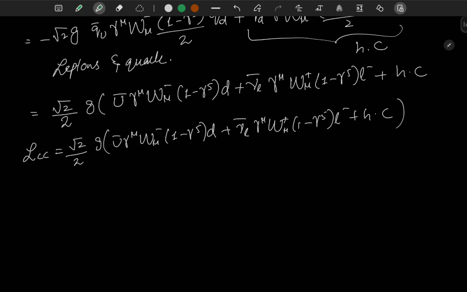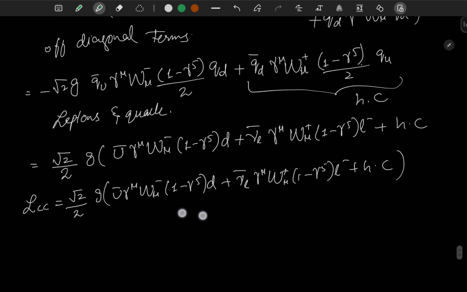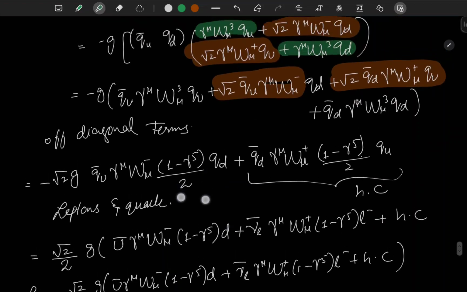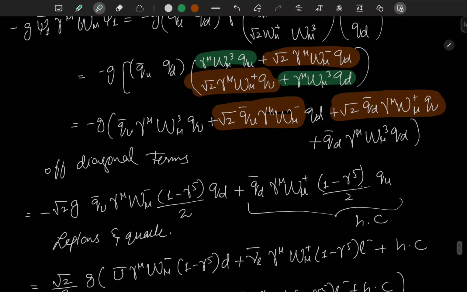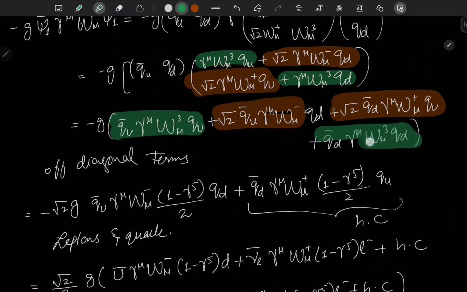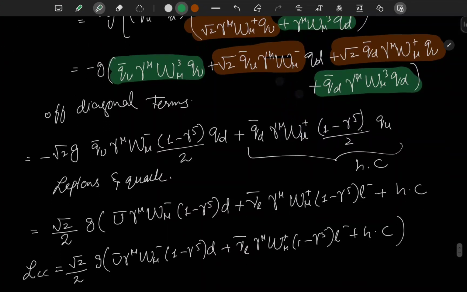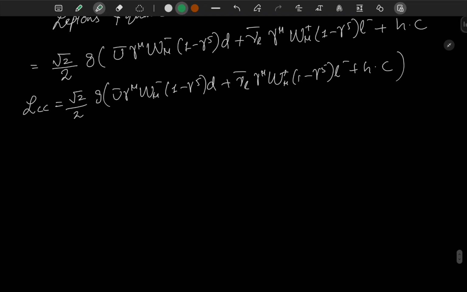So these two terms here, this one and this one, correspond to the diagonal terms, and correspond to the neutral currents.